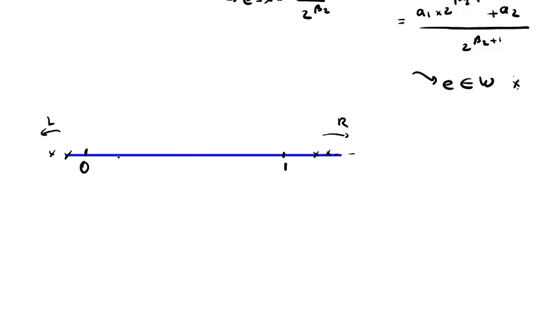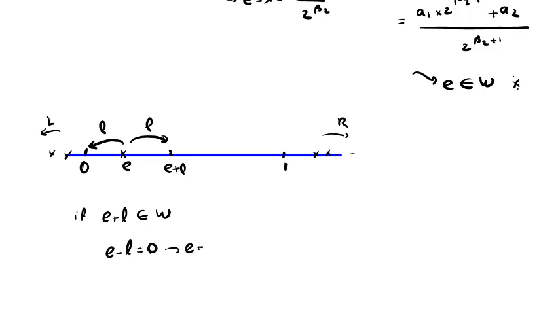e is here, and it is L, so e plus L. If this one is in W, I want to prove it is not in W. If e plus L is in W, then you know e minus L is 0.